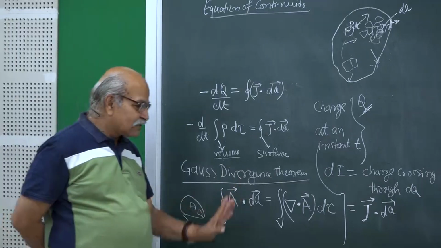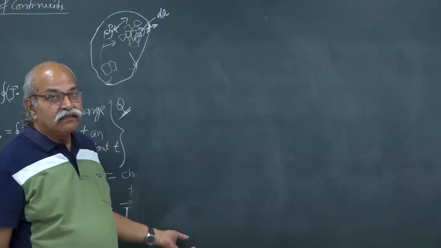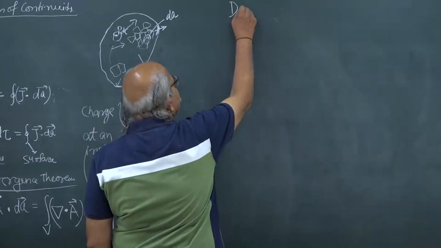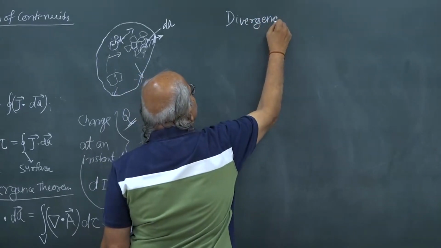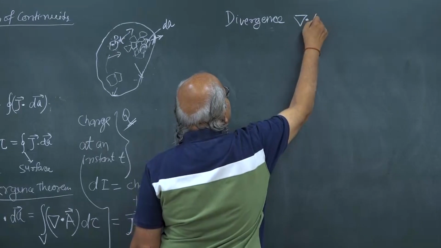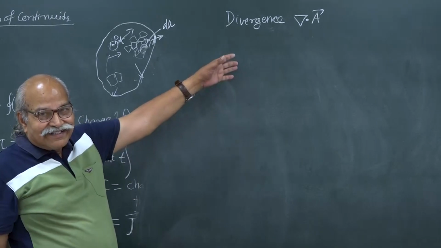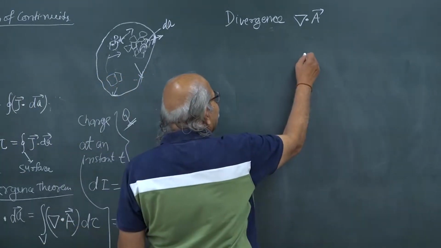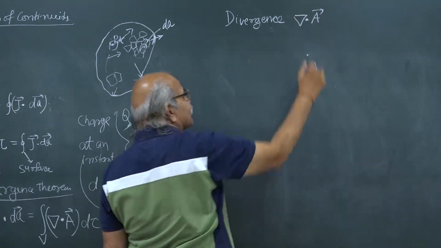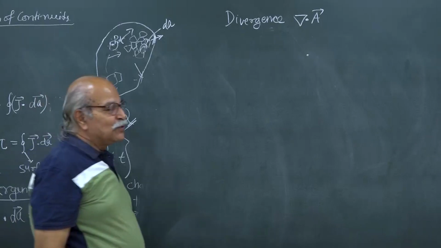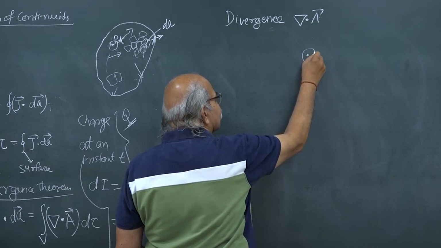Okay. Now, what is this divergence? Once again we had talked about it at length in our part 1, which we write like this. So, what is this quantity? Just to remind you, if you have a point somewhere and at that point you want to calculate how much is the divergence of A, what you do is you enclose this point in a small surface.